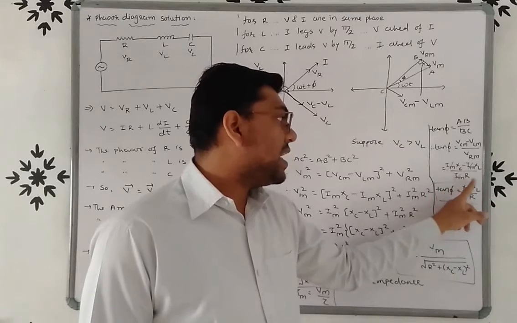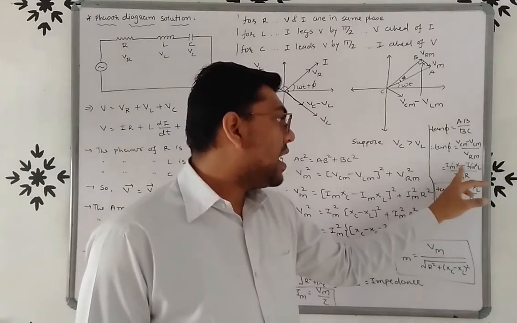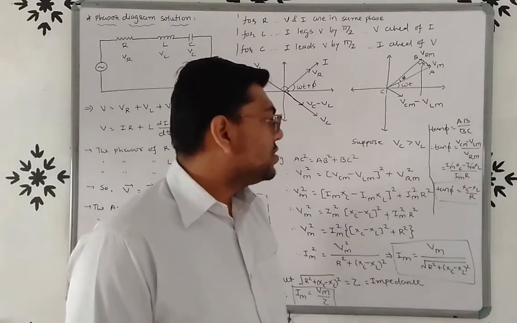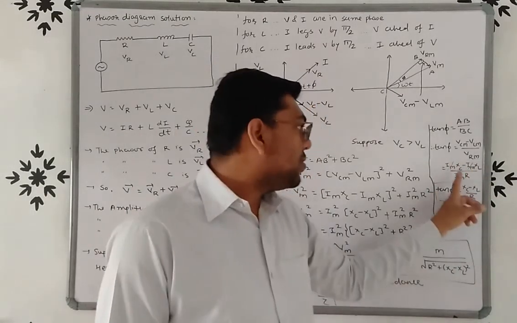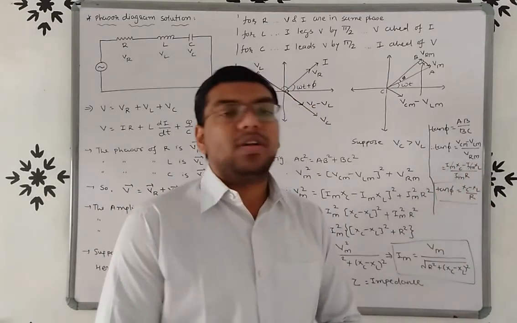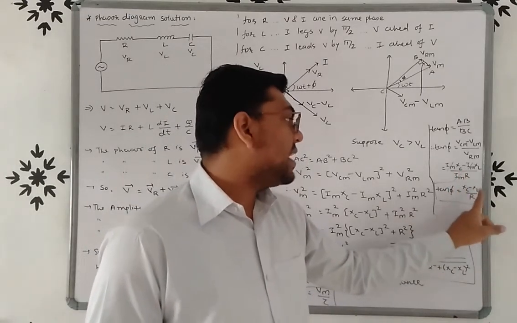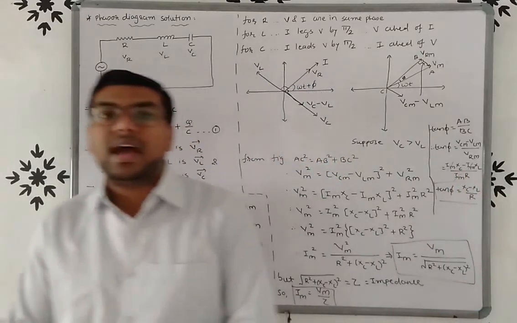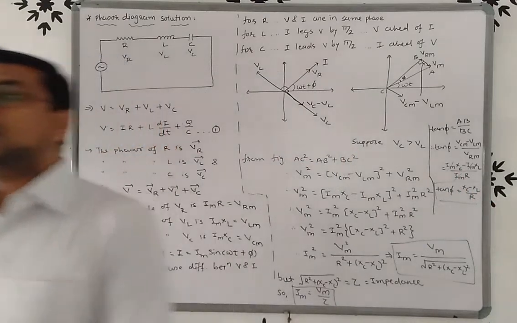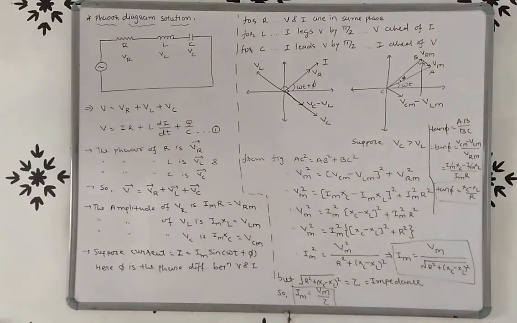VRM is equal to Im into R. So here R and Im cancel, and we get tan phi is equal to (XC minus XL) upon R. So you can write phi is equal to tan inverse of (XC minus XL) upon R. So friends, this is about the phasor diagram solution of RLC circuit.